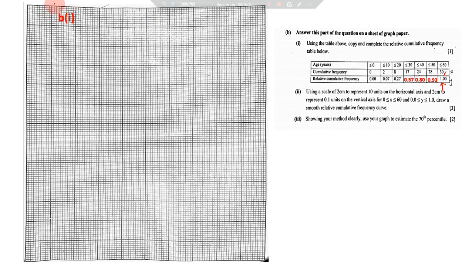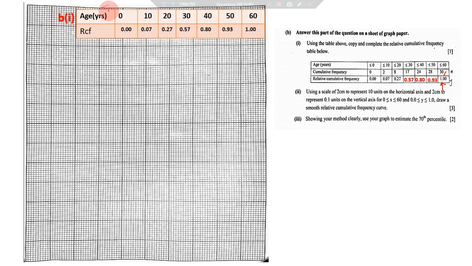You indicate the question number, that is B Roman numeral 1. Okay, and then this is my table. Whatever values I've written here, you've seen I've written them down on the table here. So as a marker, they are going to mark here on the graph paper and give you 1 mark for completing the blank spaces.